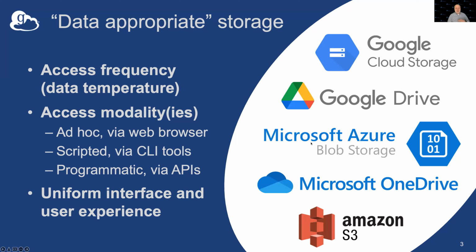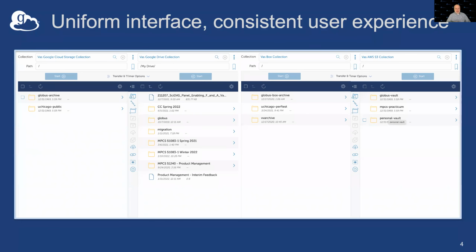And one of the benefits that Globus brings to the table is to allow you to access these storage systems through a single pane of glass, to use sort of the admin term. It's basically a unified interface that allows you to go through and touch any of these different storage systems, and they all look the same. So I'm showing here a whole bunch of different ones, and I'll actually show you this live in just a second.